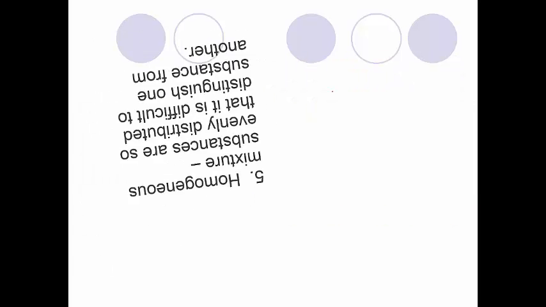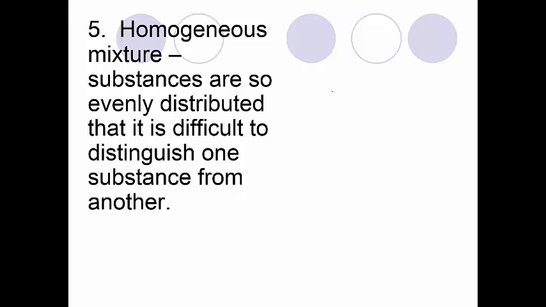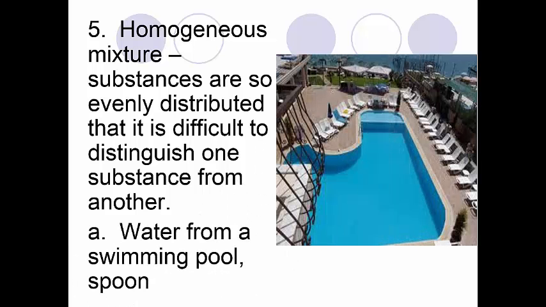Homogeneous mixtures, the particles are usually a little smaller, and so the particles are more evenly distributed throughout the entire solution. And it's difficult to tell one particle from the other. It looks the same, so that would be homogeneous. You've probably seen swimming pool water. When I look at this, it looks like it's all the same.